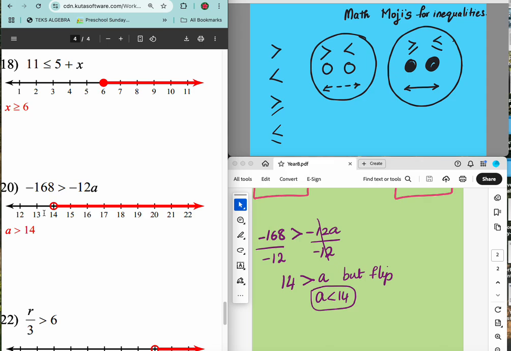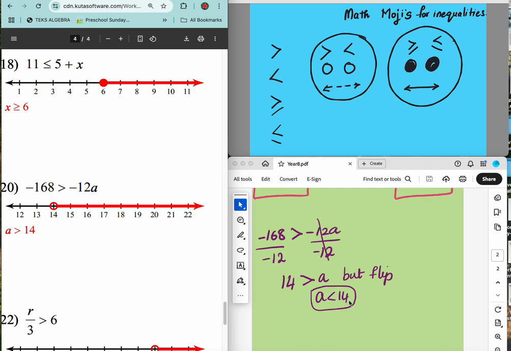Wait, a is greater than, did I not flip this? First, I should have brought my letter to the left. Because it is showing this way, it has to be flipped. These two are actually the same, guys, I'm sorry, but it would have been the other way.